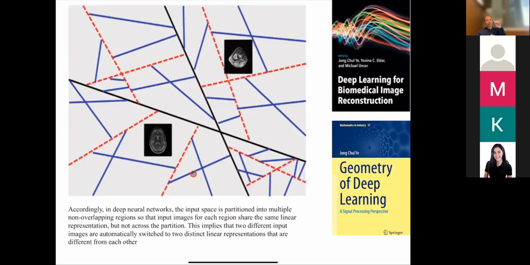It basically says, I'm going to use these nonlinearities to split my solution into different spaces. So this is what this partitioning is. If I get an image of a head, the deep learning says, well, if it's a head, it should look like this, and I'm going to use these coefficients. And if it's a leg, that's a different kind of image, so I'm going to use a different set of coefficients.